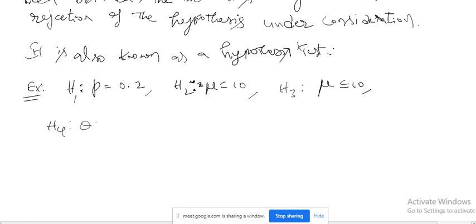For exponential distribution, theta is something greater than or equal to 10. So all these are examples of how a hypothesis looks.